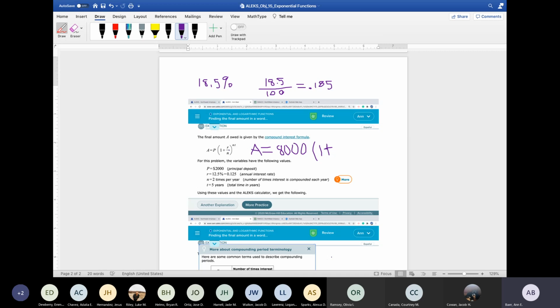So our interest rate here is the way that we need to include it in this formula is 0.185 no matter how you do it. So I'm going to put the 0.185 up here.